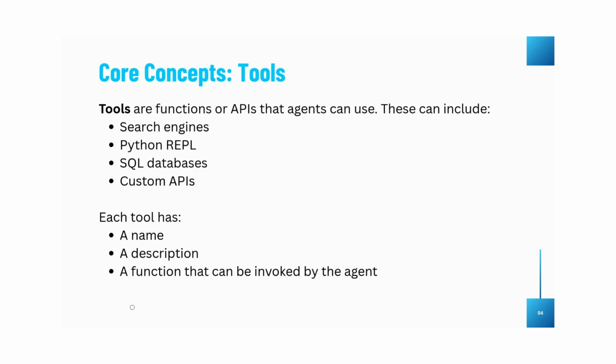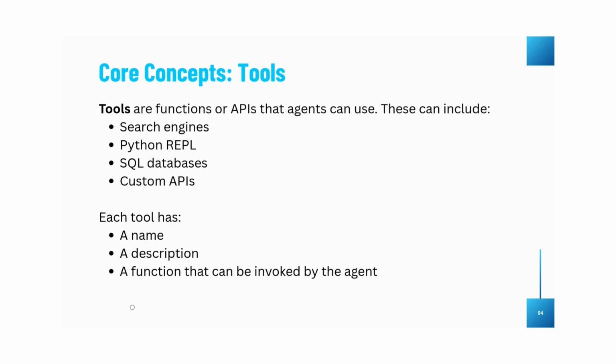You can also build your own tools. For example, if you have a weather API or a SQL database, you can wrap them as tools for your agent to use. You can think of tools as the superpowers you give to your agent.